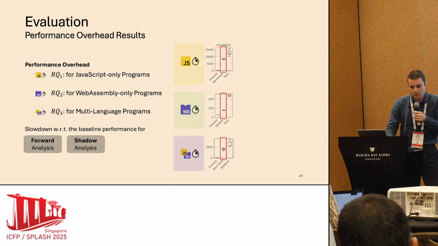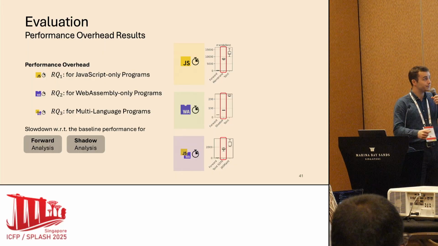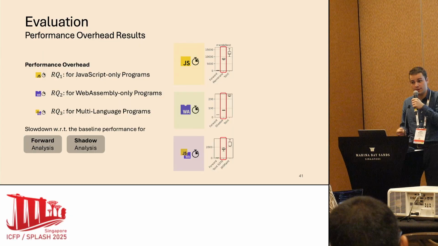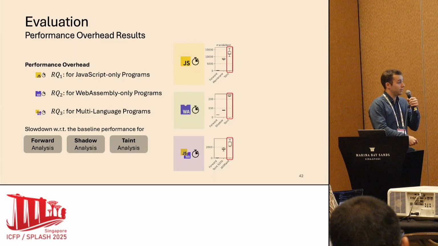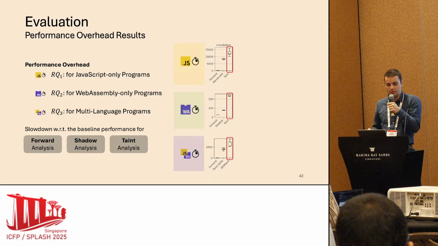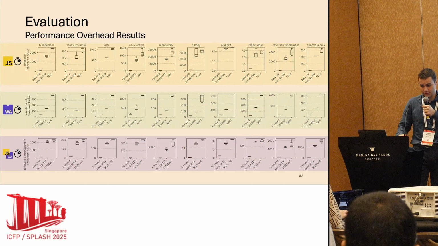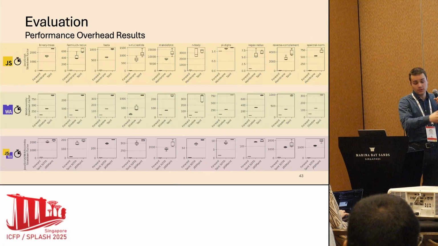Then the shadow analysis, a heavyweight analysis in which you keep track of all values, but do not yet keep track of all taint. And lastly, the shadow analysis keeping track of the taint of all the values and also accounting for the taint propagation rules. We did that for 10 programs, and you can see the results here.